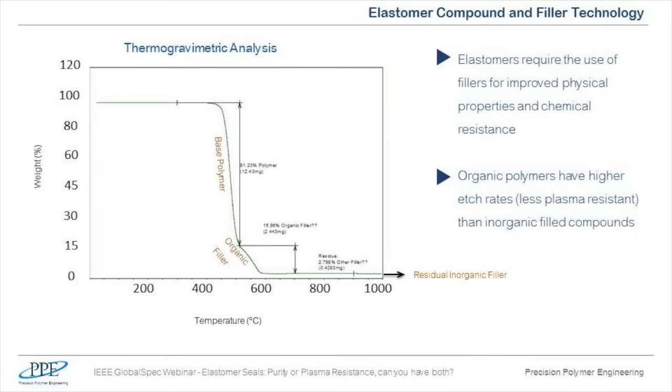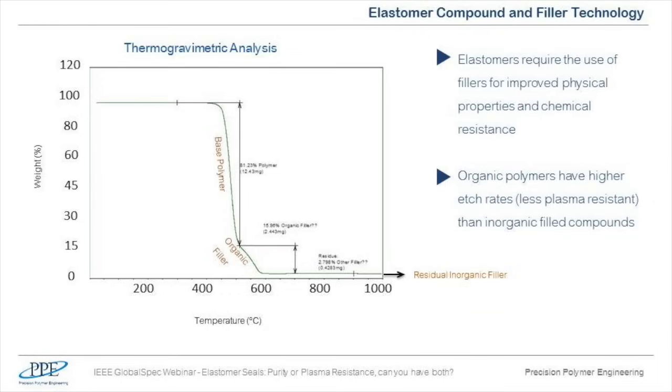So further increasing the temperature after 600 degrees, where we switch on the air instead of nitrogen, all the polymers, all the organics on the TGA pan decompose, and we end up with a residue.